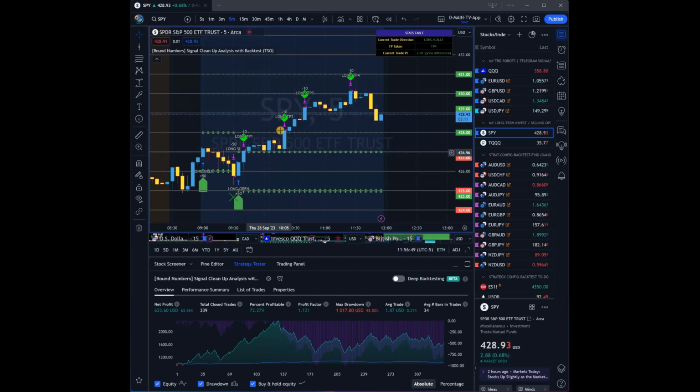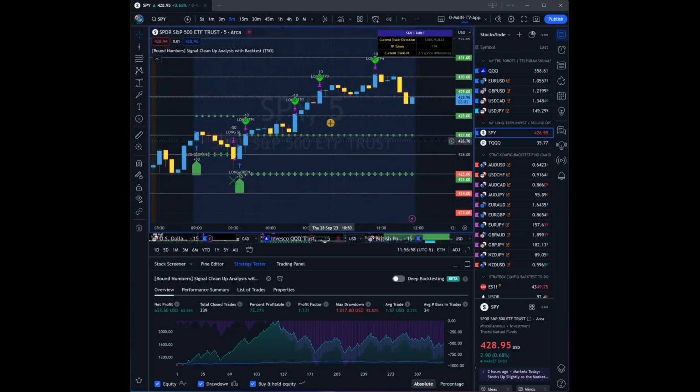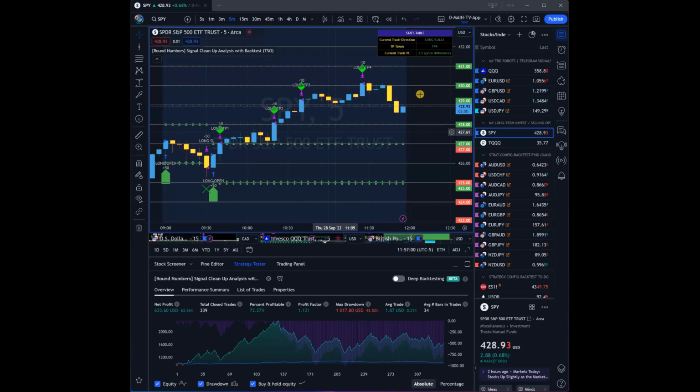Now it's trying to see if it's gonna go further. Another breaking another level. So it usually works well with these $1 round numbers.